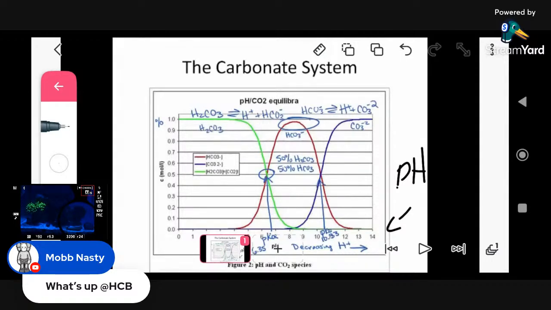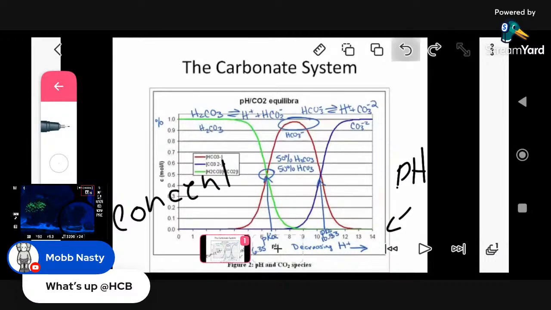And the next one is moles per liter. Moles per liter is a concentration.